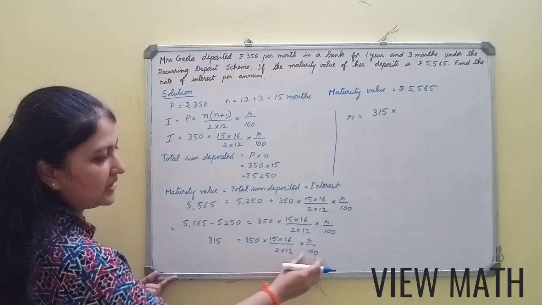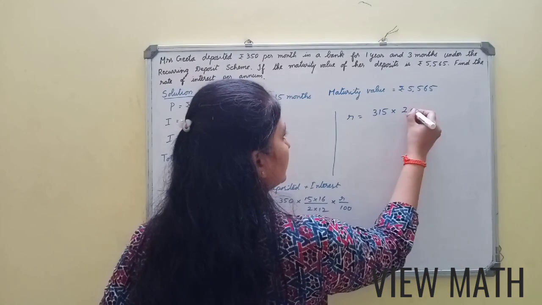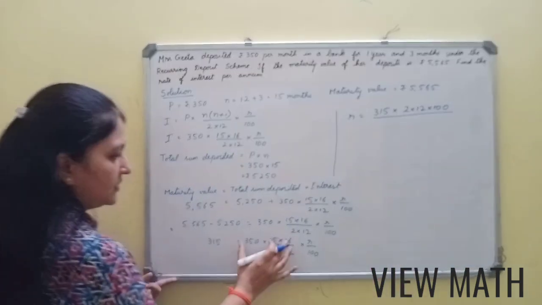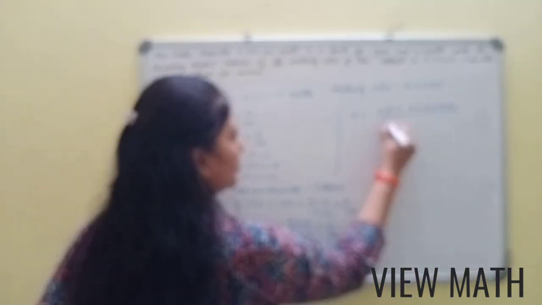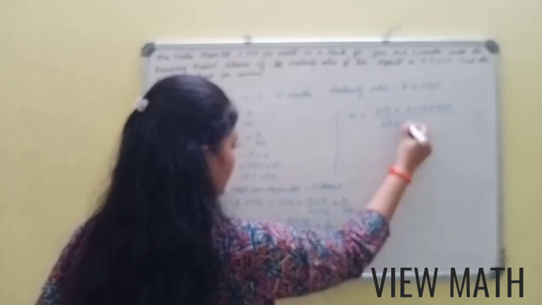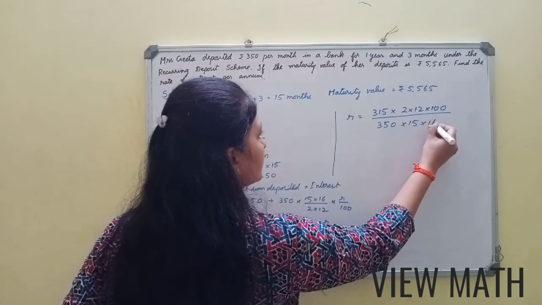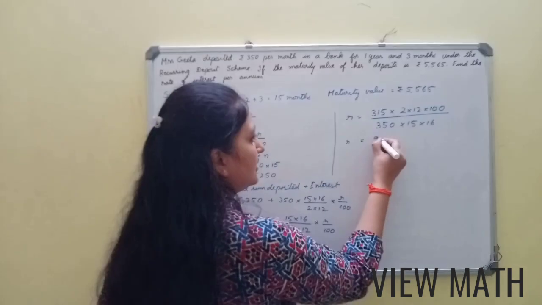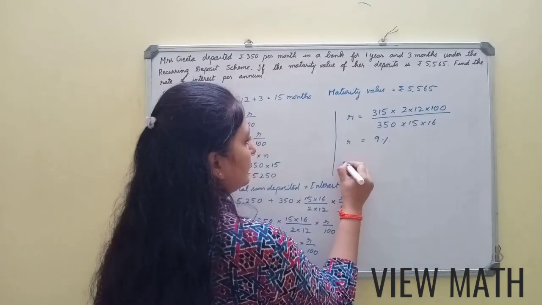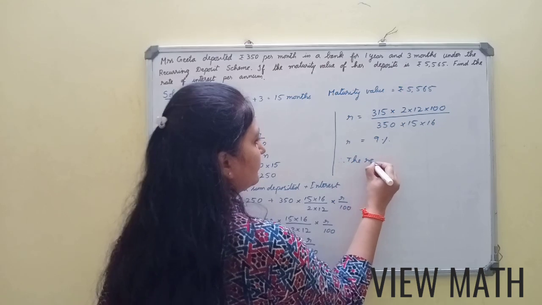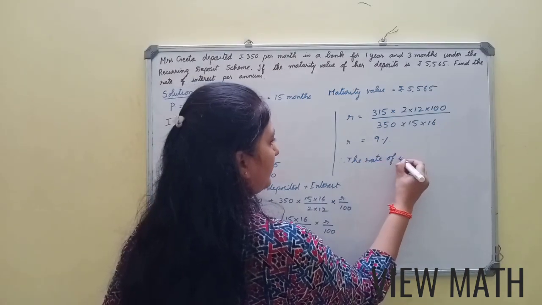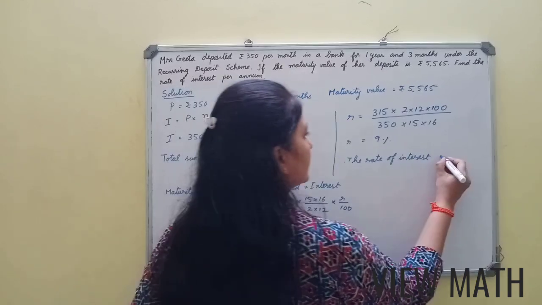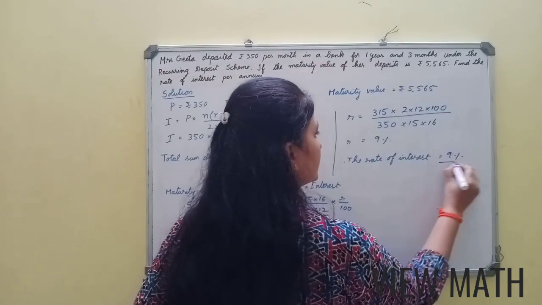I get 2 into 12 and 100. 2 into 12 into 100 divided by 350 will come to the denominator, 350 into 15 into 16. Do the calculation part, you will be getting 9%. Therefore, the rate of interest is equal to 9%.